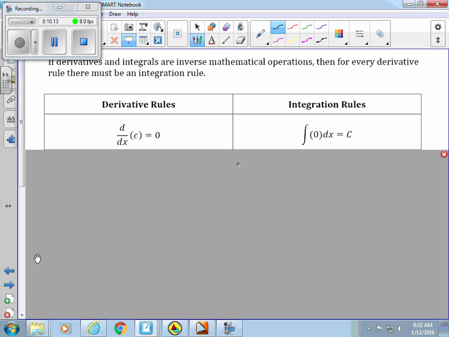So I have an example up here. The derivative of a constant is 0. Right? So what's the integral of 0? Some constant, because I undo the derivative.